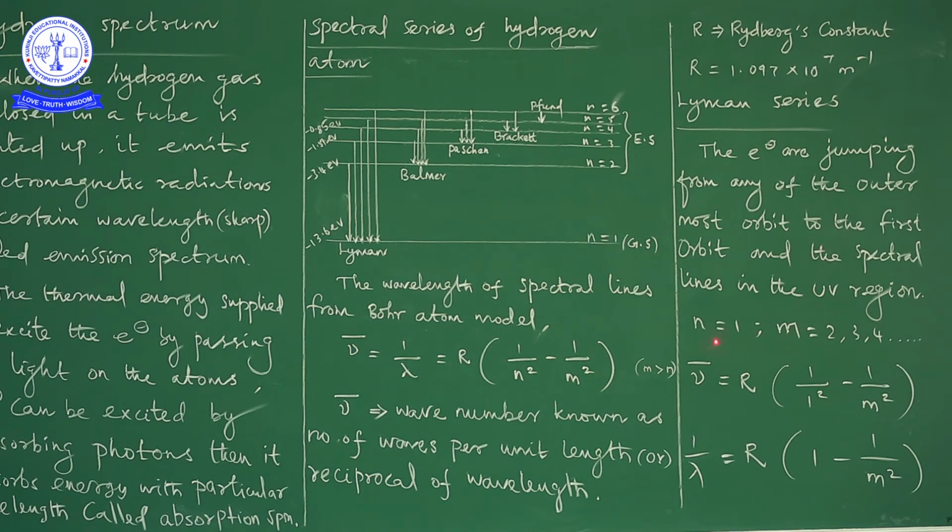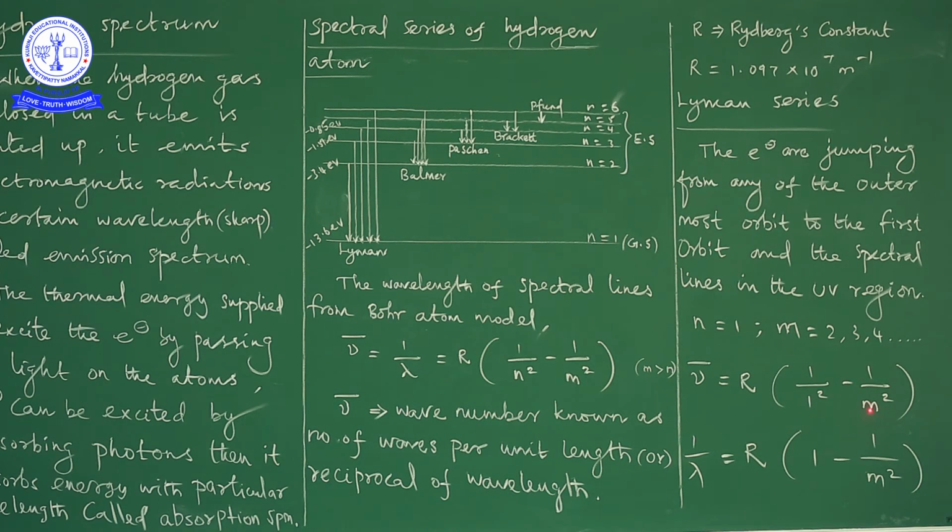The value of n is 1 and the value of m is replaced by 2, 3, 4, 5 and so on. Like that we have to apply the values for n and m. So substituting the values in the given equation, nu bar is equal to R into 1 by 1 square minus 1 by m square.